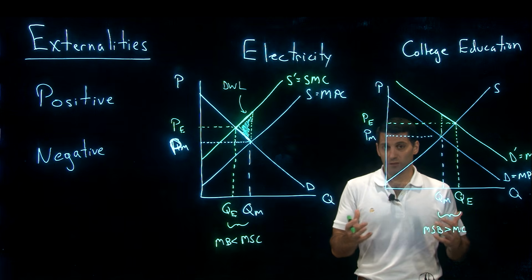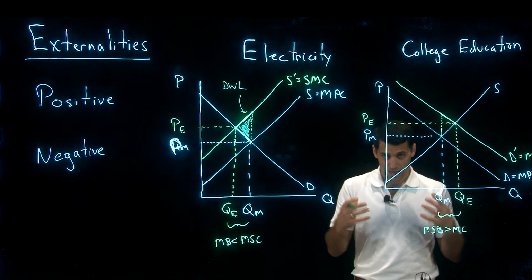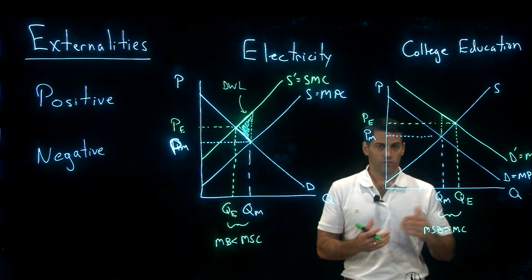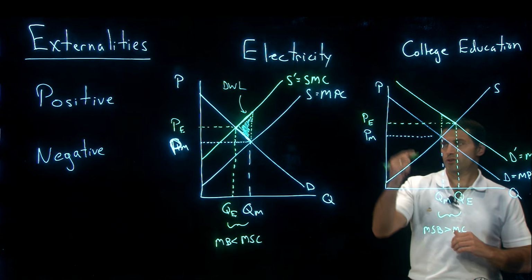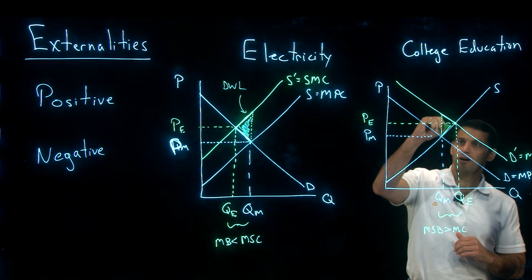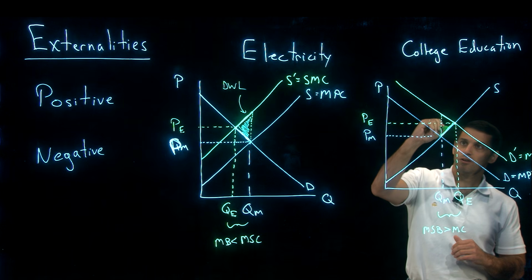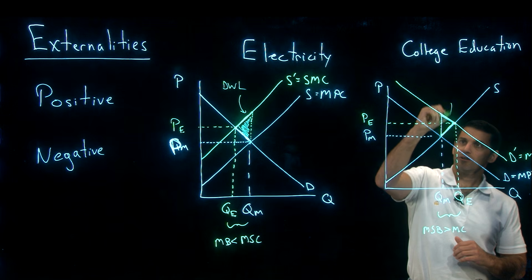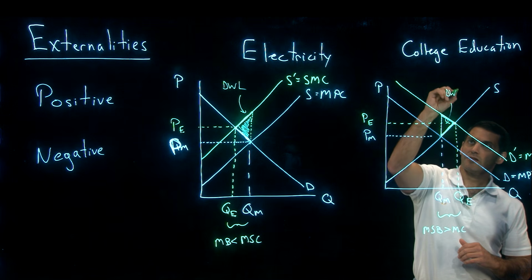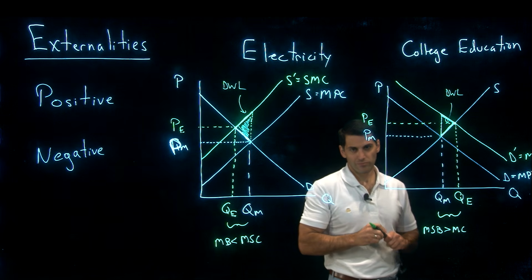And yet we're not getting them with the free market because we're not accounting for the externality. So we again have a deadweight loss. You can see the marginal cost of producing these educations is lower than the marginal benefit. So once again, we have a deadweight loss.